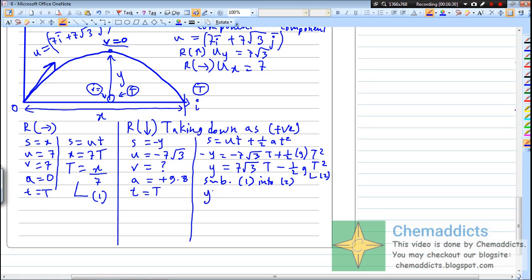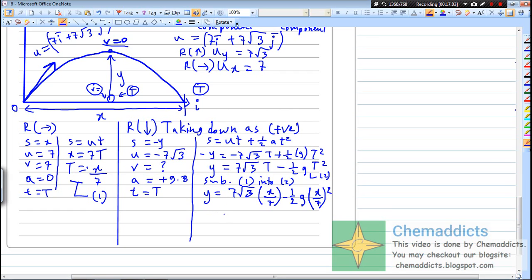If we substitute, we end up with something like this: 7 root 3 times t, where t is x by 7, which is this value, minus half g times x by 7 whole square.